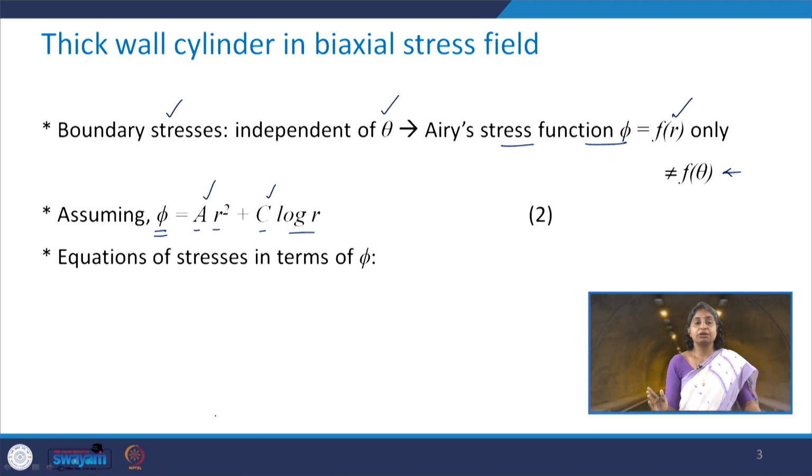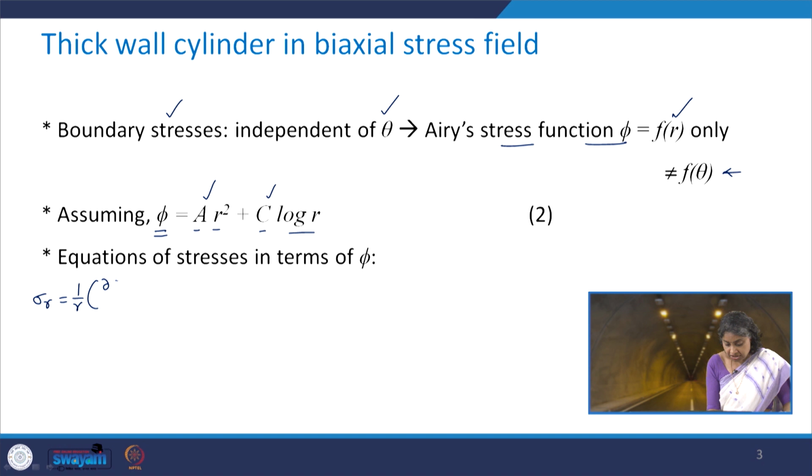Let us write the equations of stresses in terms of phi. Then we will have sigma r as 1 upon r del phi del r plus 1 upon r square del 2 phi del theta 2.